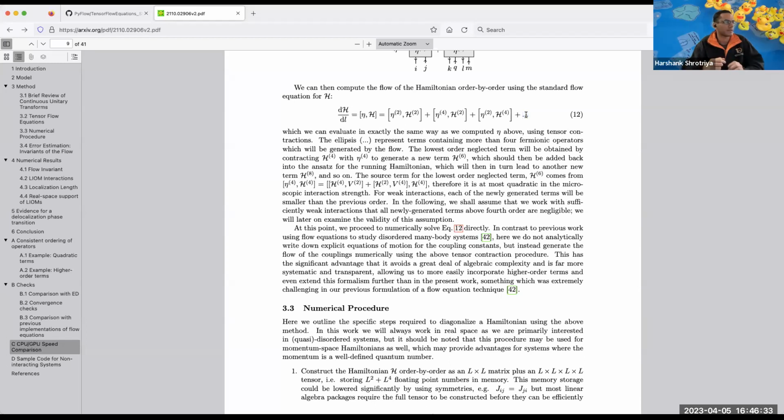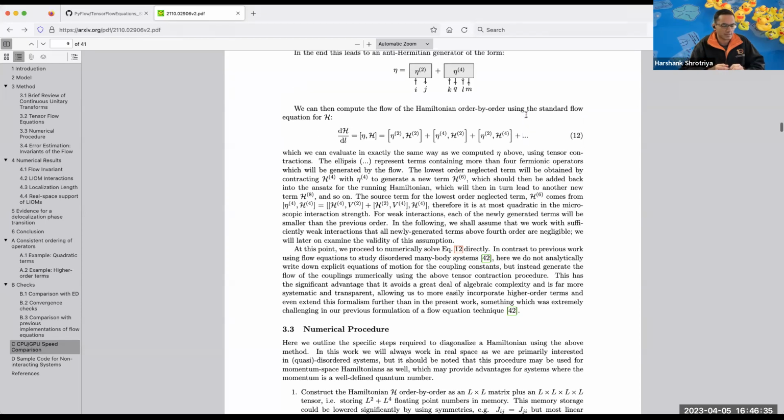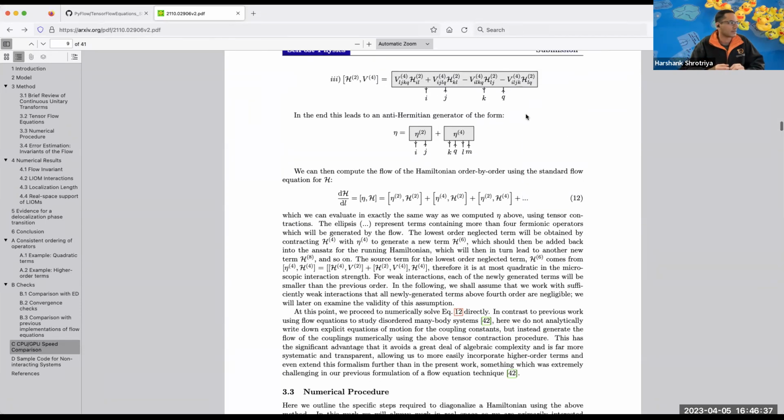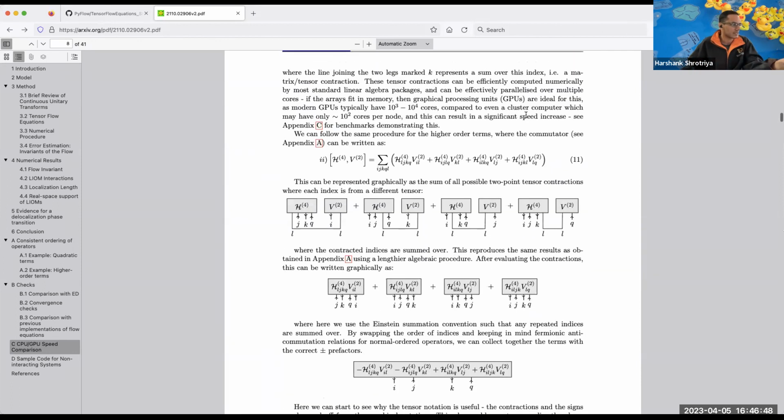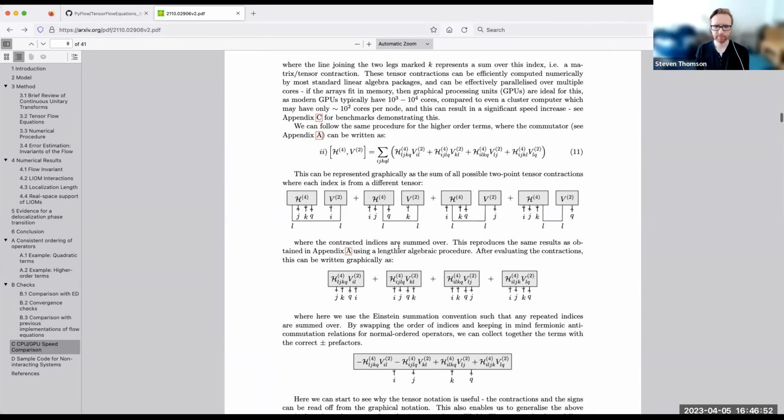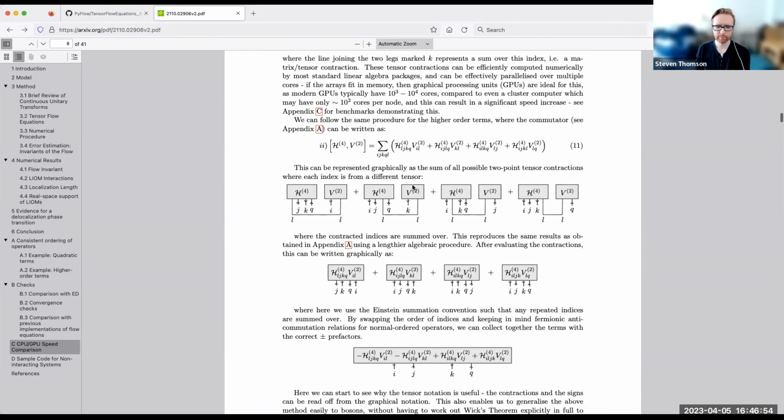In the previous page, you mentioned that the advantage of using the tensor notation is that it becomes easier... Yes, just below the big diagram: here we can start to see why the tensor notation is useful.